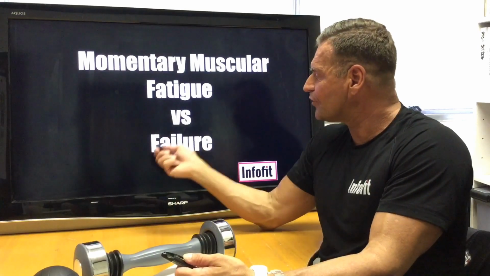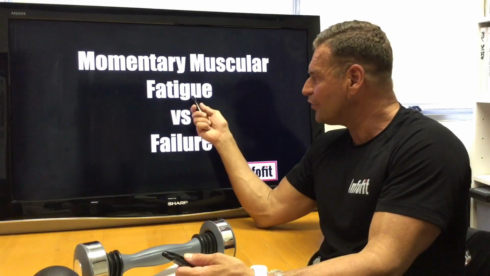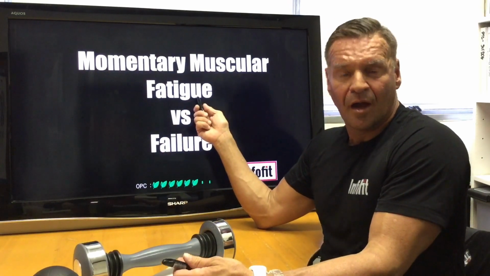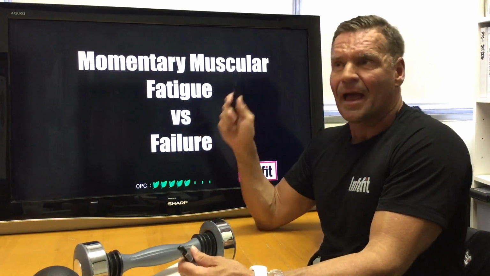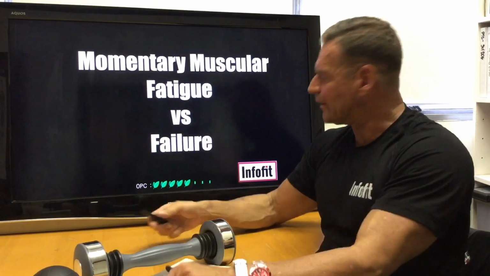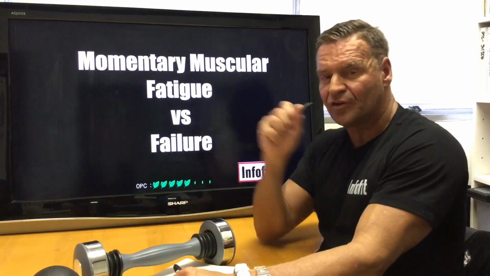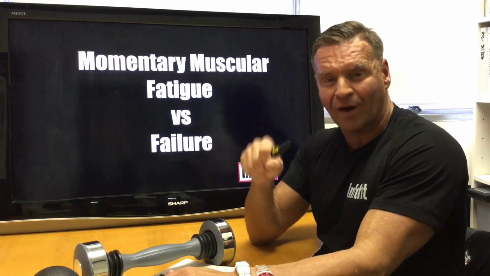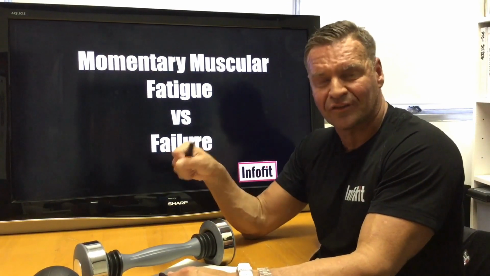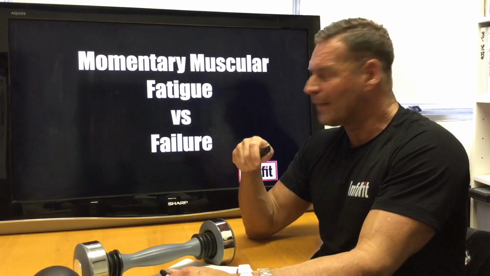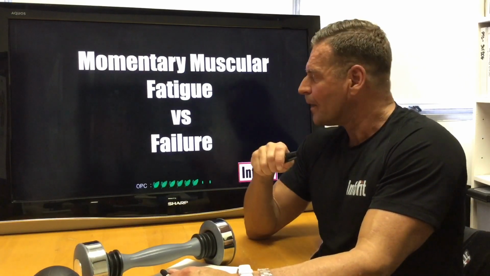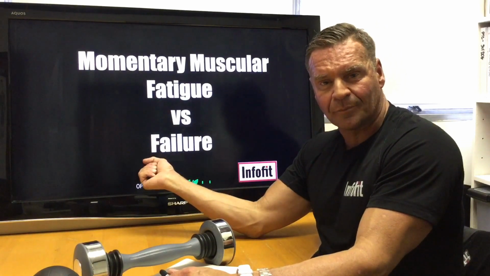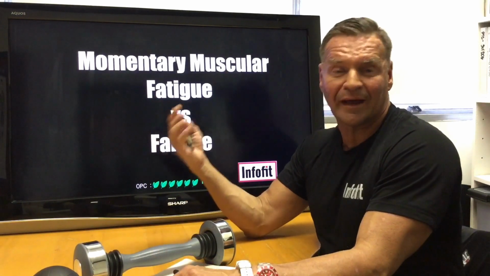Momentary muscular fatigue versus failure. I say this: to fatigue, you still have good form at the end of the set, and you actually can put the weight down safely. If you train to failure, if your ego forces you or wants you to do that extra rep that you shouldn't do, it becomes really high risk because you have no more energy to control the weight as it comes down.